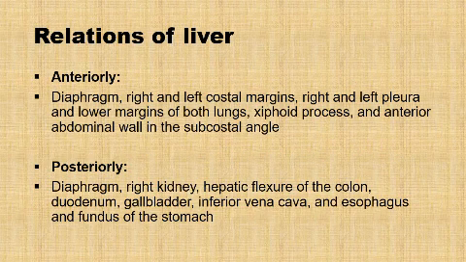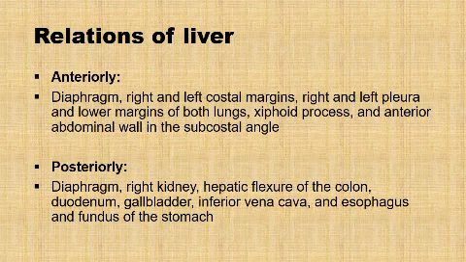Regarding the relations of the liver, anteriorly the liver is related to the diaphragm superiorly, the right and left costal margins, right and left pleura, and lower margins of both lungs, the xiphoid process in the epigastric region, and the anterior abdominal wall in the subcostal angle.